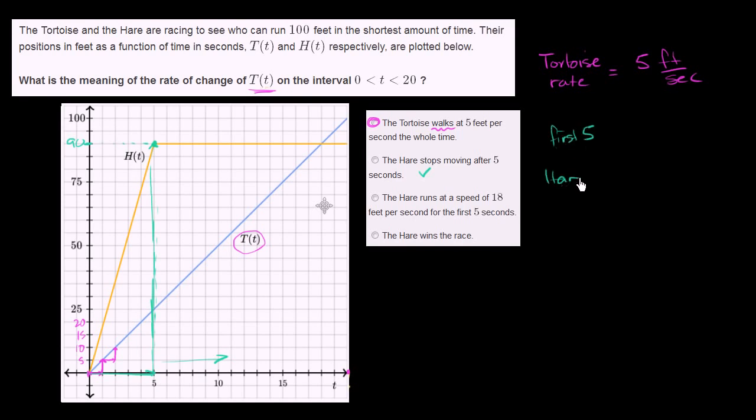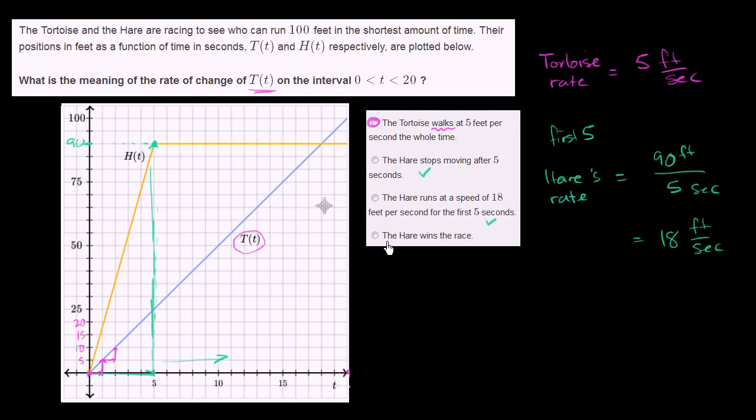You could say the average rate of change is 90 feet in 5 seconds. And 90 divided by 5 is indeed 18 feet per second. So once again, this third statement is true. It just doesn't apply to T of t. It's not addressing the question.